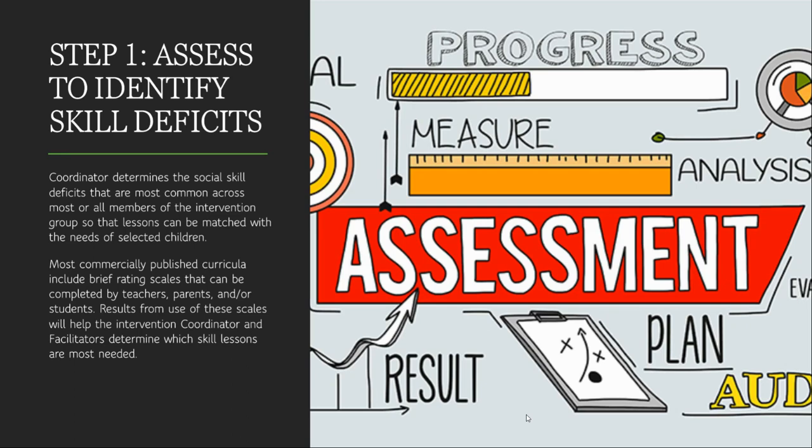Now once the coordinator has that data, the coordinator is going to determine the social skills deficits that are most common across most or all of the students that are in need of the social skills intervention, so that the students can be grouped and so that lessons can be matched with the needs of those selected students. Again, the purpose of grouping them is so that those facilitators can teach that particular skill to that particular group of students.